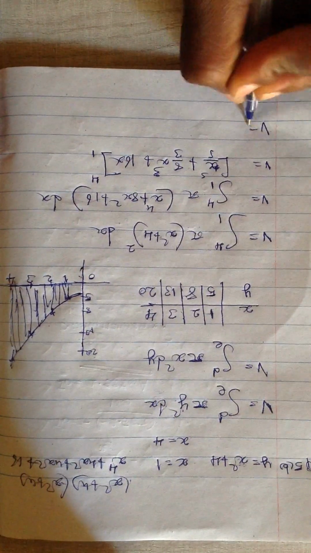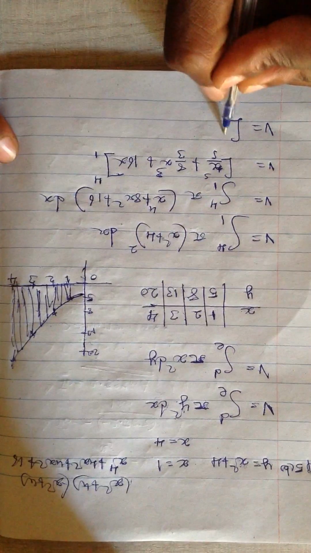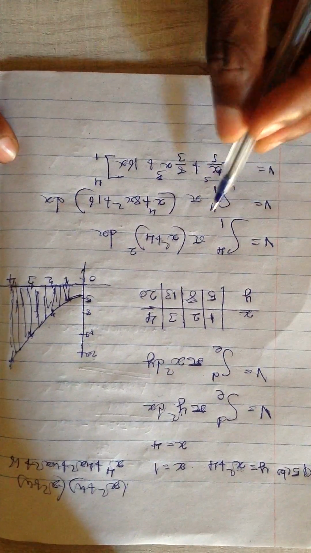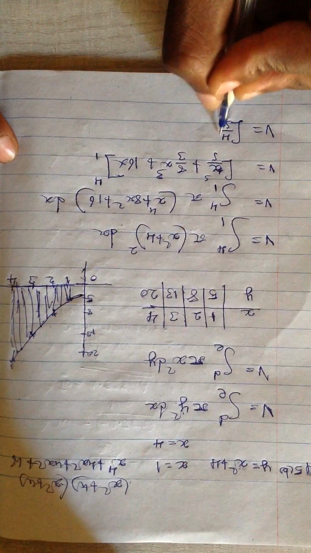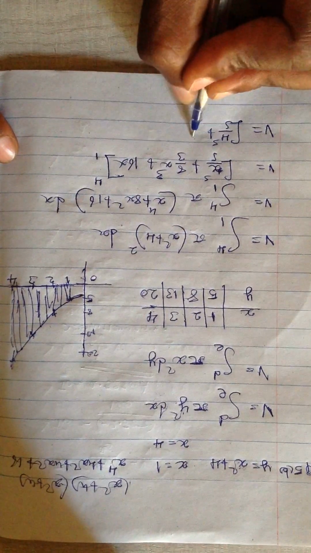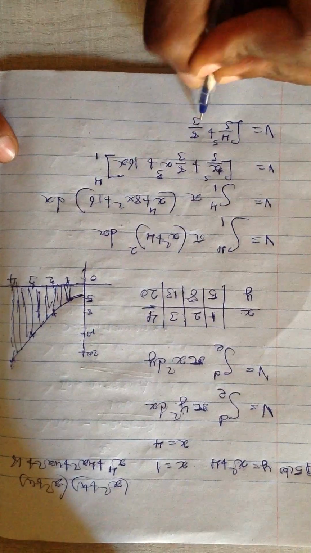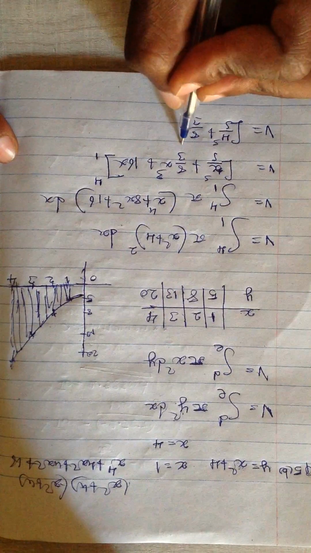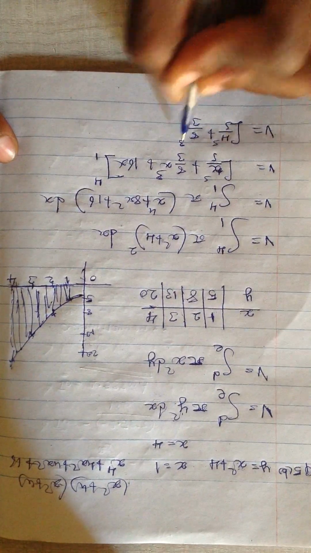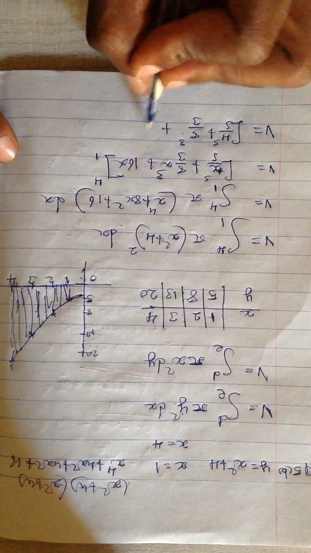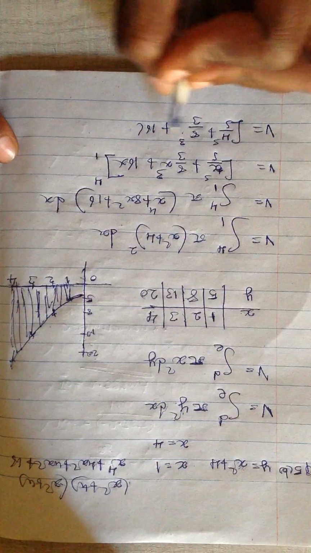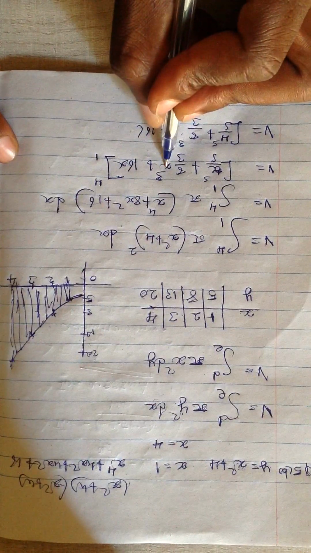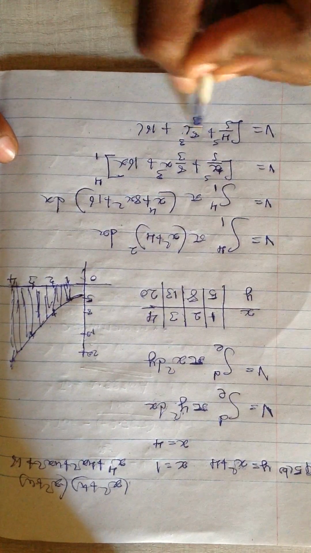Now you start substituting. Where there's x, we place what? With 4. So it will be 4 over 5 raised to power 5, plus 8 over 3 raised to power 3, plus 16. Oh, here we forgot to include the 4. Sorry.